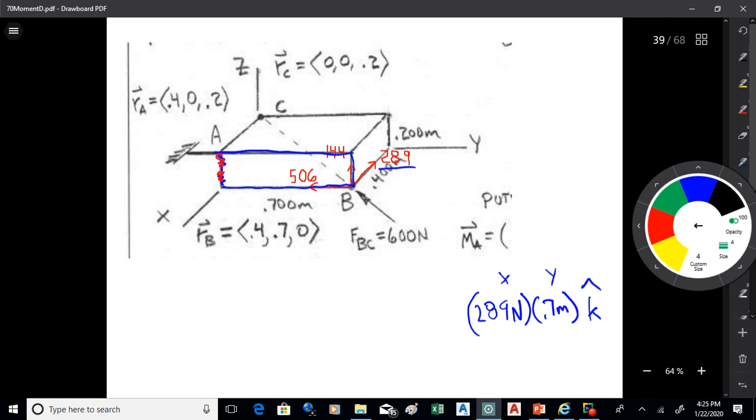Now, where else can I put hinges? What if I apply that 289, but this time I put hinges up here? What am I going to have with that? Yeah, it's going to swing around. I'm going to have a 289, and what's the moment arm on that one? It's a J. What's the moment arm? 0.2 meters, and it's a J. What's the sign on both of these, if you swing around the hinges?